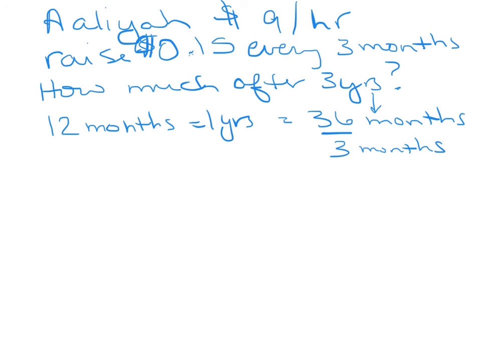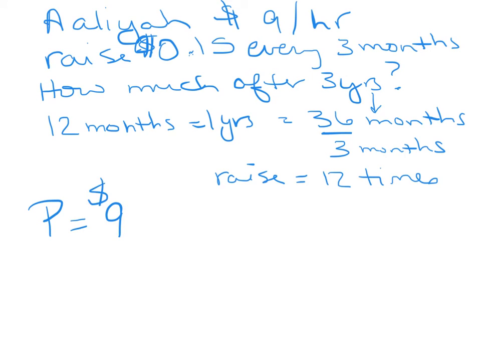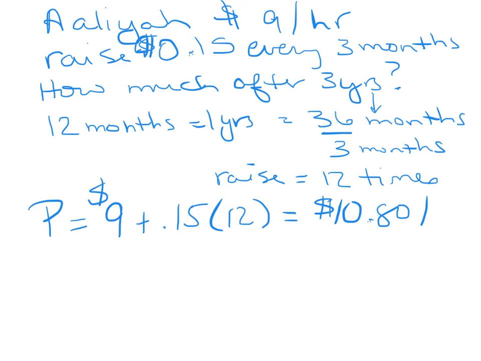That means she's only going to get a raise 12 times. So let's see if we can figure this out. She wants to know how much she's going to get paid if she gets $9 an hour plus her 15 cents for 12 times she gets that raise. So she ends up with $10.80 per hour.